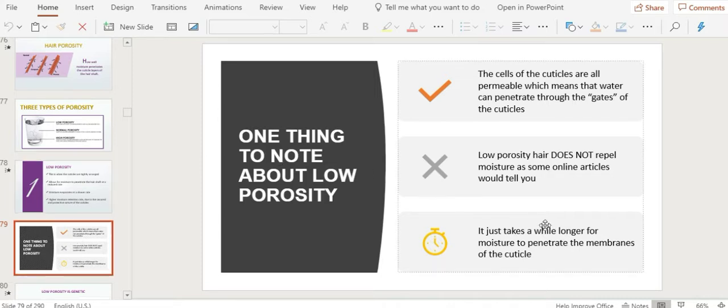A few things to note about low porosity: the cells of the cuticles are all permeable, which means that water can penetrate through the gates of the cuticle. I've read on some websites, including a major brand website, that low porosity repels moisture. Low porosity does not repel moisture.